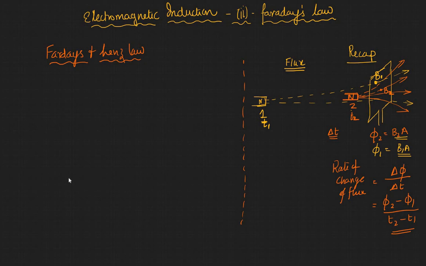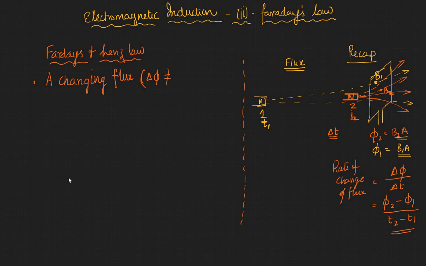What Faraday's law says is a changing flux. What does it mean? A changing flux means your delta phi is greater than 0 or less than 0. It's not equal to 0. So we can write that delta phi is not equal to 0.